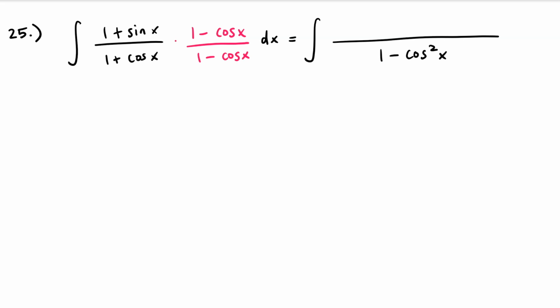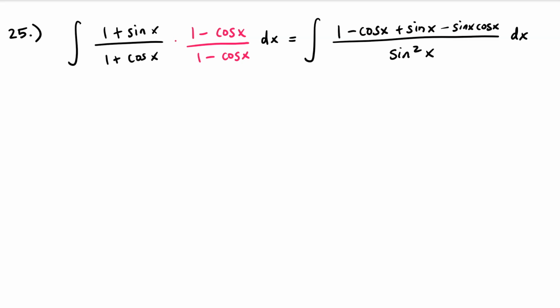If I multiply out the numerators, I have 1 minus cosine of x plus sine of x minus sine of x cosine of x dx. Now I'm going to rewrite 1 minus cosine squared as sine squared x using the Pythagorean identity. And from here, I'm going to break this up into 4 different integrals because in the numerator, we have 4 terms.